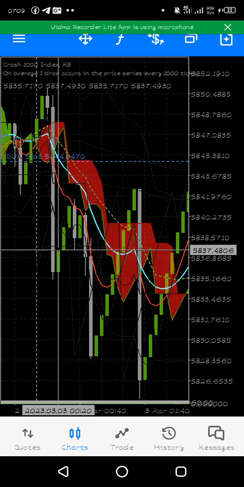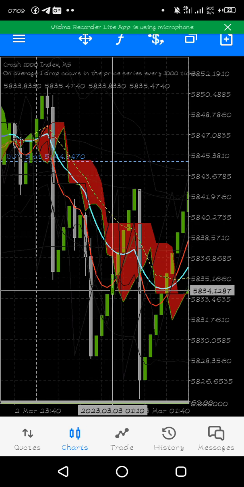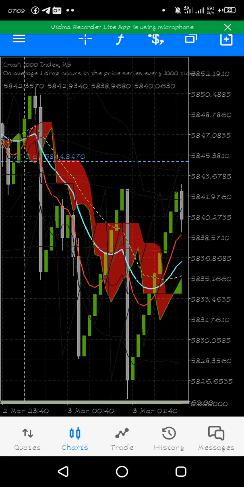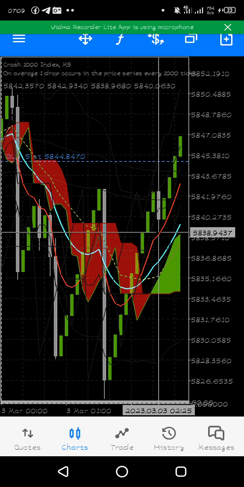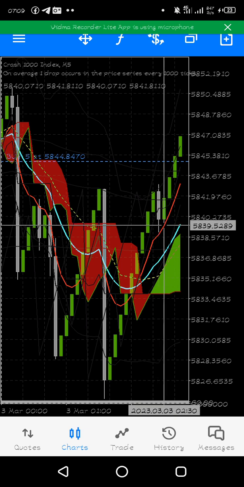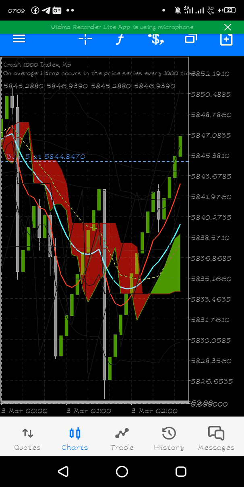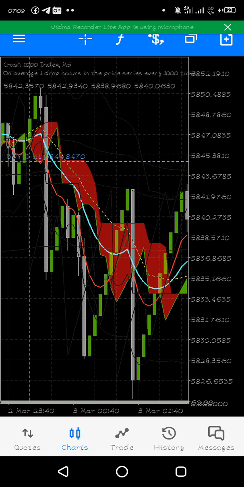The market is making lower low, higher low, lower low, higher low, lower low. So at some point it couldn't break. Can you see? It couldn't break here. So I want you to see this candle at the end here, so that you can see what I'm talking about.